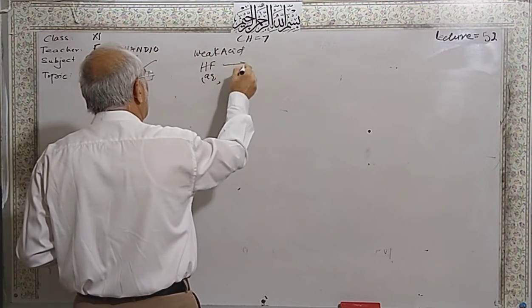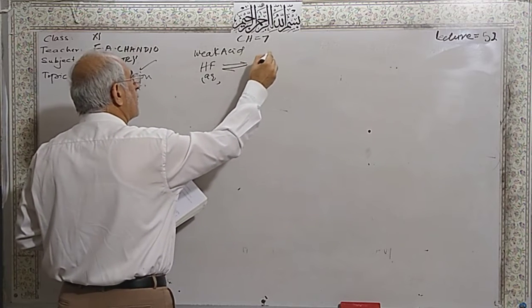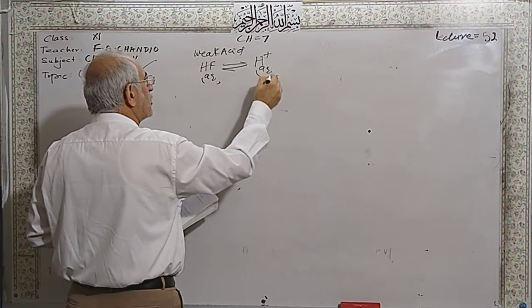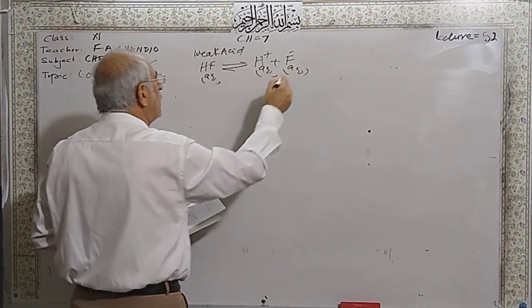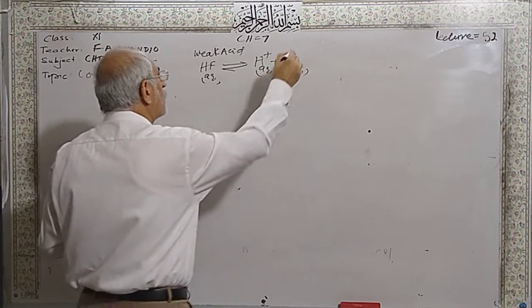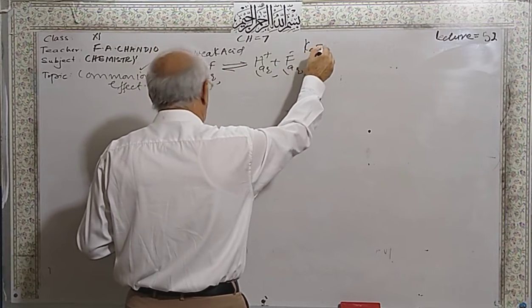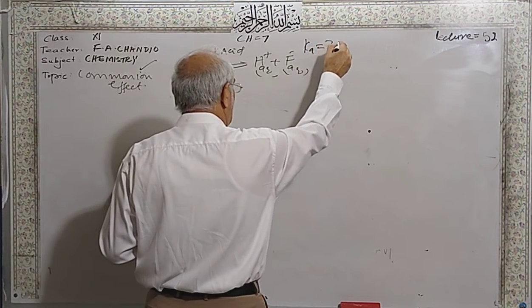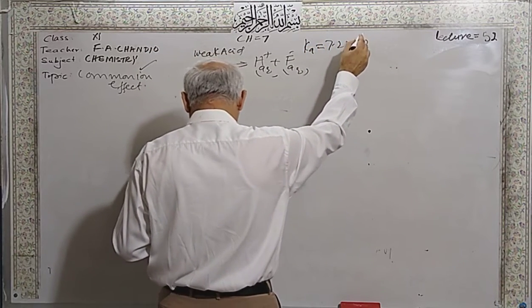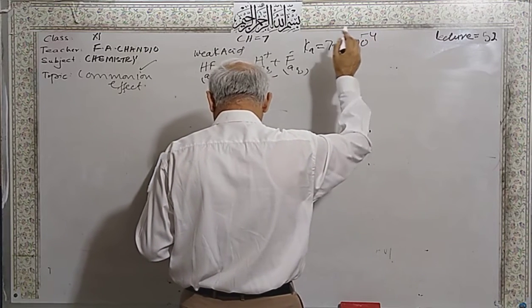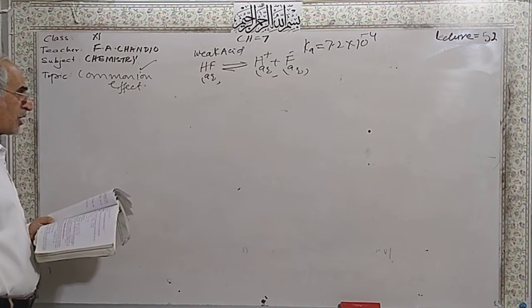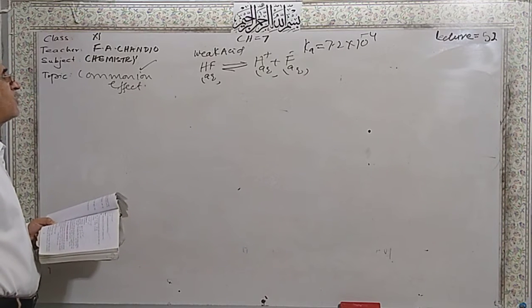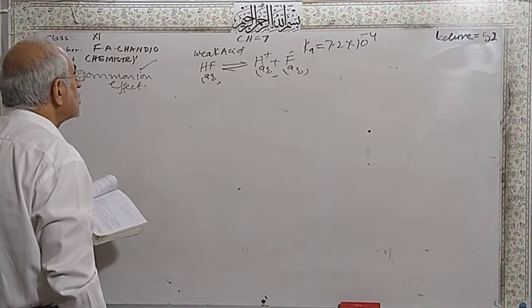It is partially ionized in aqueous solution to give hydrogen ions and fluoride ions. Its K value is 7.2 into 10 raised to power minus 4. This is called the ionization constant or dissociation constant for hydrogen fluoride, which is a weak acid.